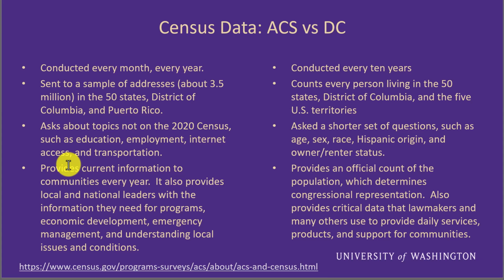For example, every month of every year, the ACS collects data, whereas the decennial census collects data every 10 years. So there's some very, very big differences.